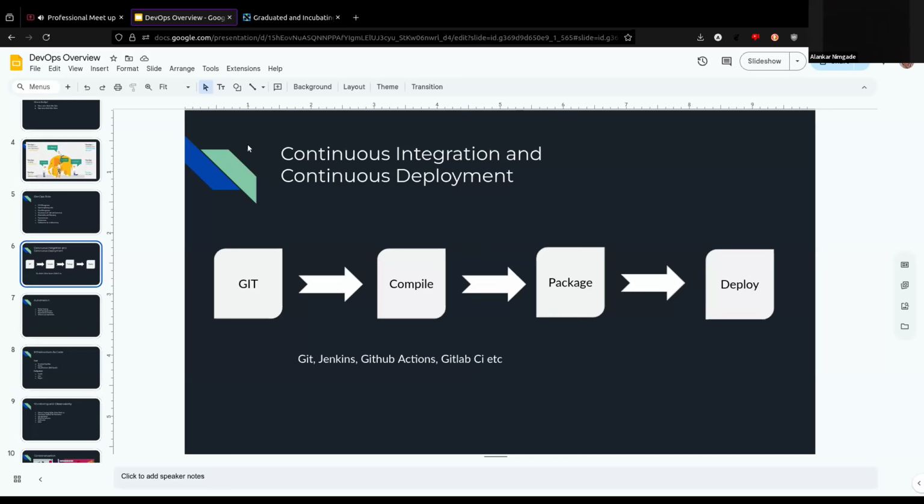Yes, similar things are also available in GitLab. In GitLab, it is called the Auto DevOps feature.